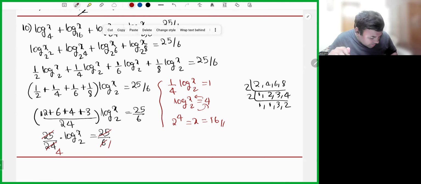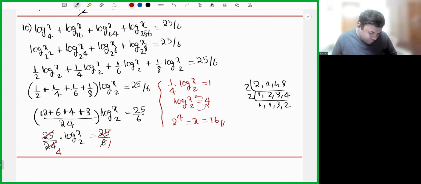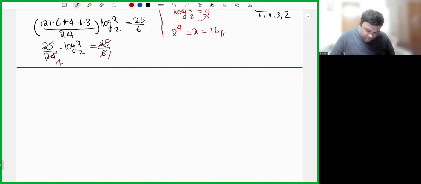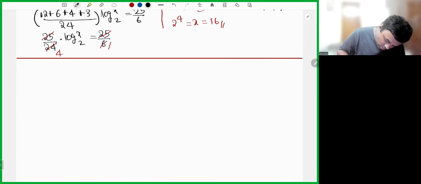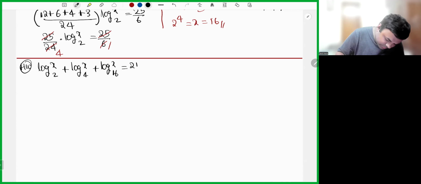Now, similar sum, one sum is there. I want you to solve. Not now. When you're free at your home, you can solve that. There is no issue. This is for your homework. Log x base 2 plus log x base 4 plus log x base 16 equals 21 by 4.